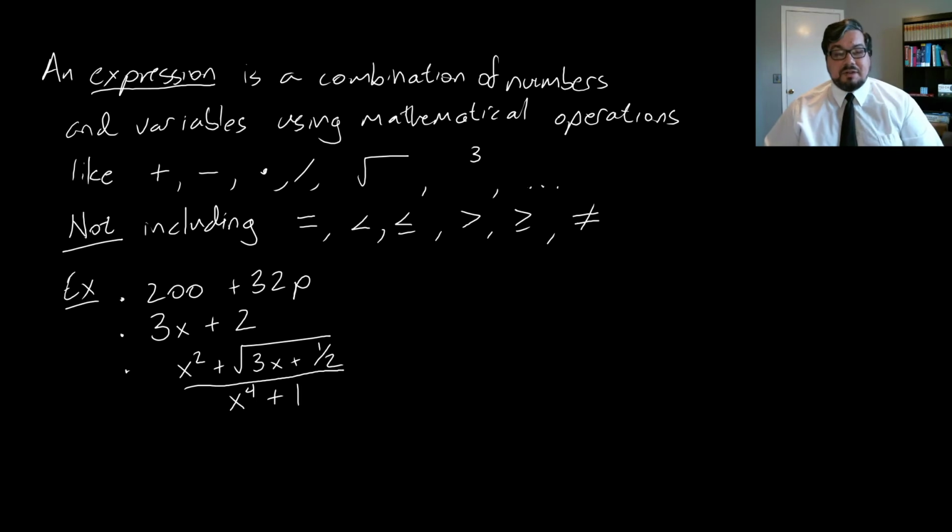This is an example of a more complicated expression, but as long as you're combining things together using mathematical operations and including numbers and variables, then you get a mathematical expression. Now, it's important to note that an expression is simply a quantity. It may be an unknown quantity when there are variables involved, but it's simply a quantity. It's not a statement. It doesn't say anything. It doesn't assert anything about the numbers or the variables involved.